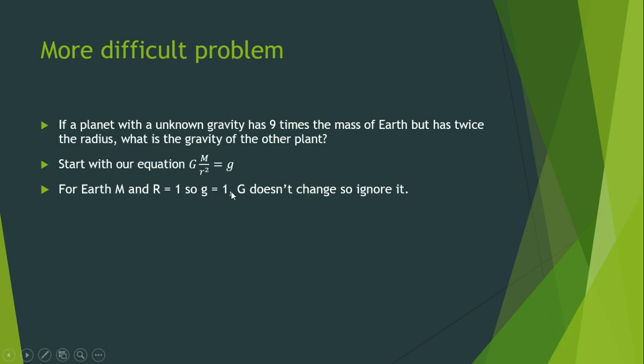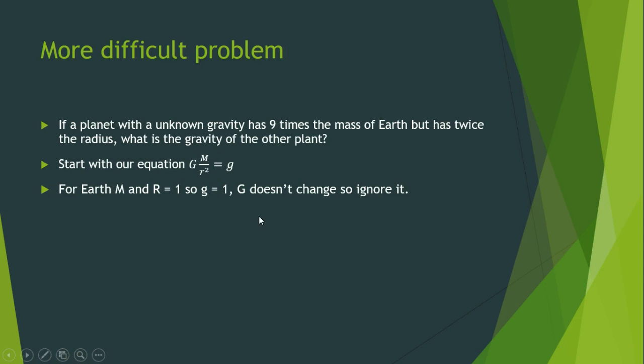And the big G does not matter because it's a constant, so it's always going to be there. It does not affect the numbers of the problem. So we're going to make everything number 1 for Earth, so it's simple, and we're going to find out what g is. If you put 1 over 1 squared, g becomes 1.